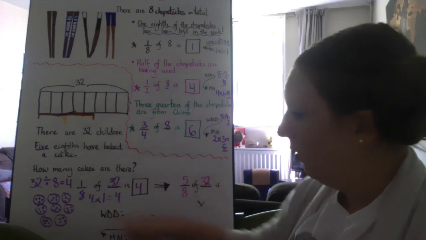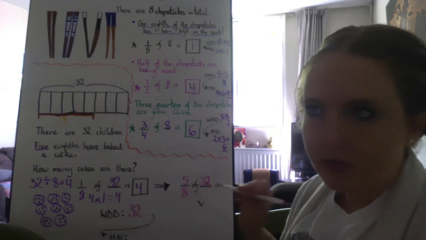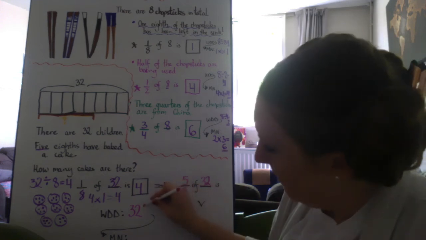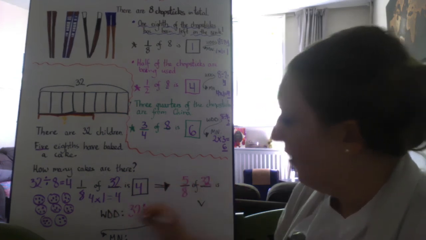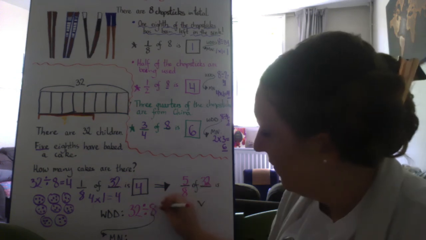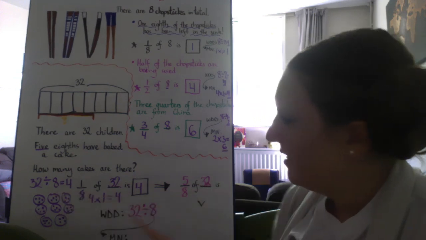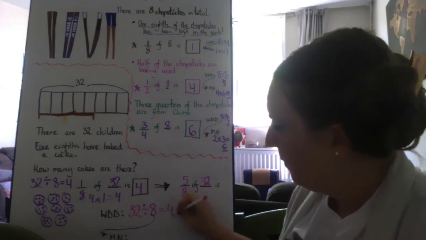So my whole is 32, and I'm going to whole divide by the denominator. So my denominator is 8. And we've actually already found that 32 divided by 8 is equal to 4.